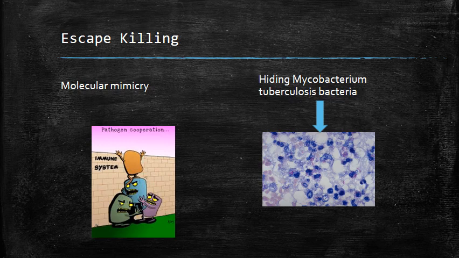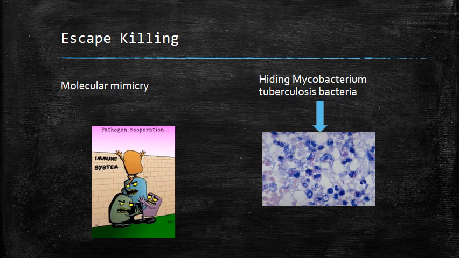Now I will begin by talking about hiding, how the pathogens can escape this way. Many pathogens avoid being detected by an immune response by hiding inside the cells of the immune system. When doing this, they will not present antigens that will start an immune response.